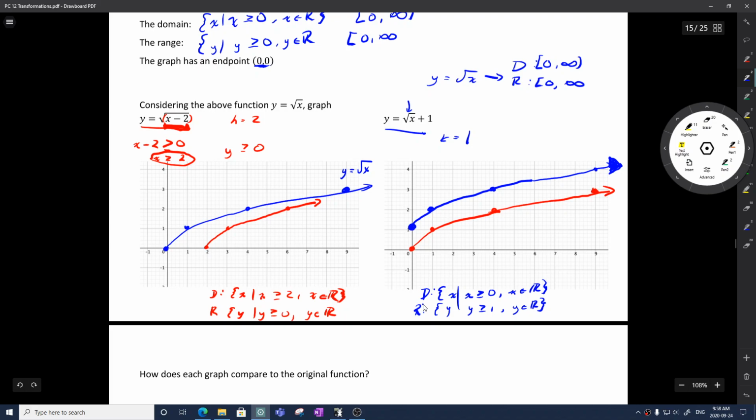So this function will have the domain 0 to infinity and the range 0 to infinity. So if we just simply add 1 to the function, shift it up 1, the domain stays the same, but the range increases by 1.